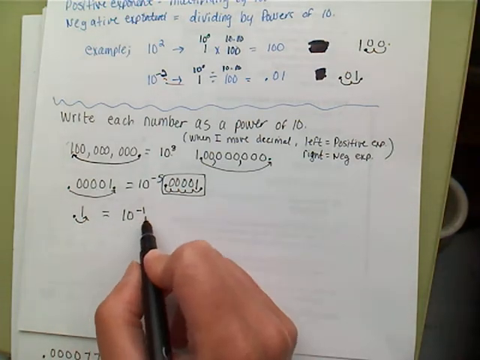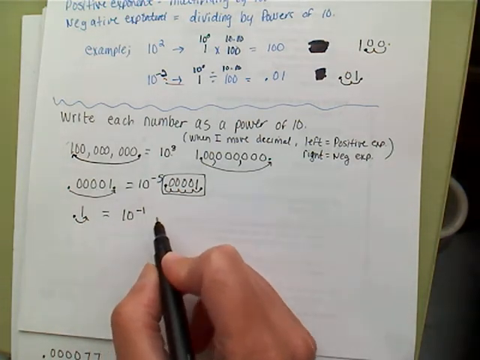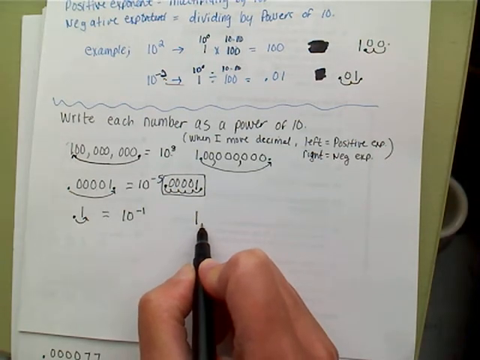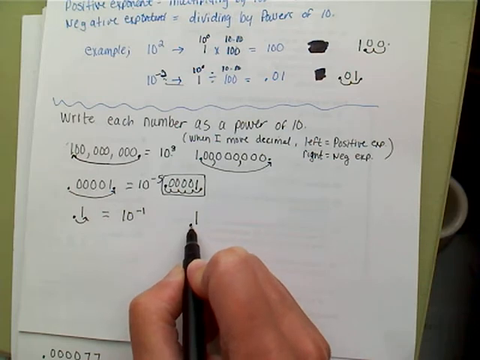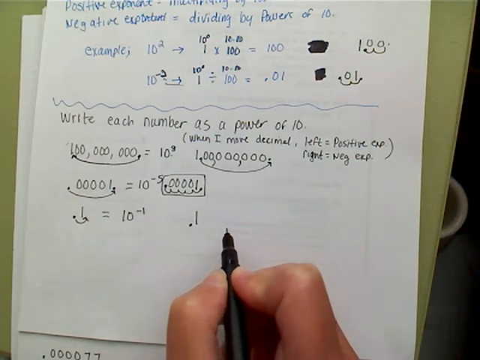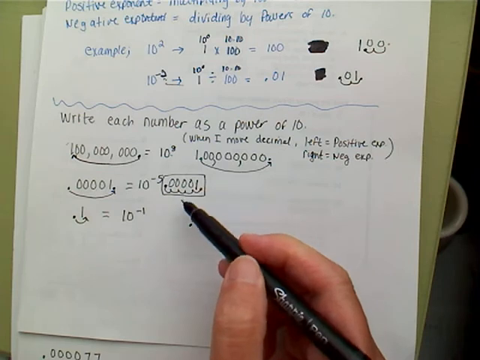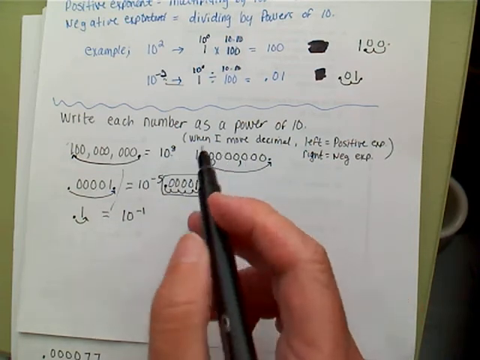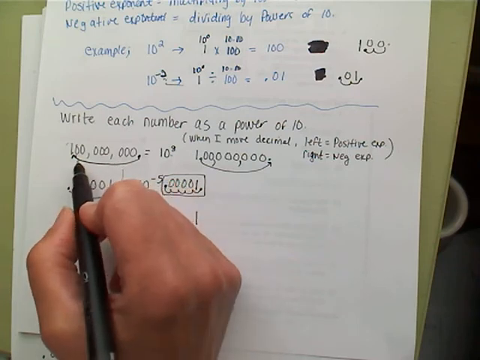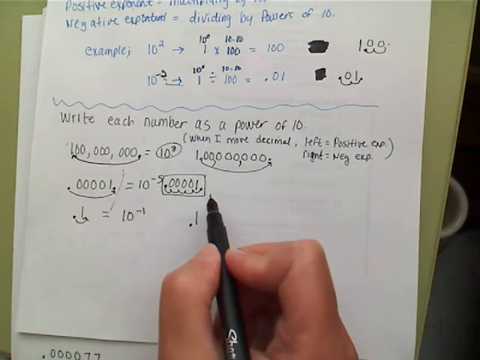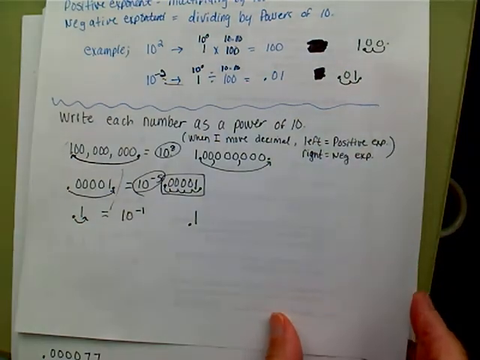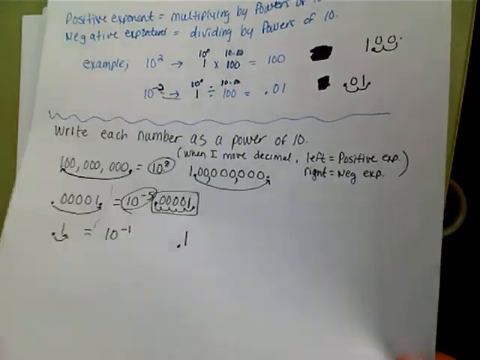And again, if I want to undo this, if I'm given 10 to the negative 1, I start with a 1, my decimal's here, and I move in the negative direction of 1, and that's going to put me right back to where I started from. So these are all interchangeable. You can go either way, but it's just remembering that if I move to the left, it's going to be a positive exponent. Here, if I move to the right, it's going to be a negative exponent. So let's look at a couple more examples.